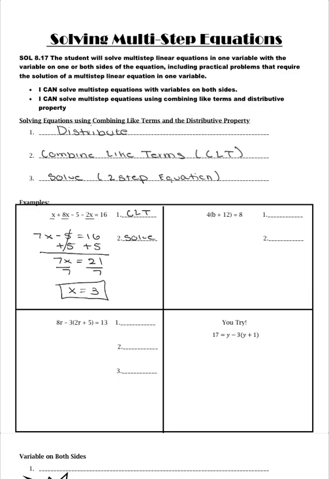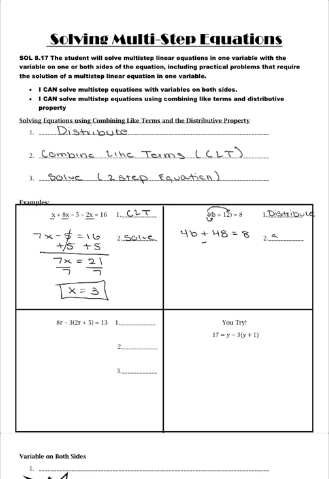All right, for the next example, I have 4 times b plus 12 is equal to 8. So the first thing I'm going to do is distribute. I'm going to distribute my 4 to my b and my 4 to my 12. So 4 times b gives me 4b. 4 times 12 gives me 48, which is equal to 8.